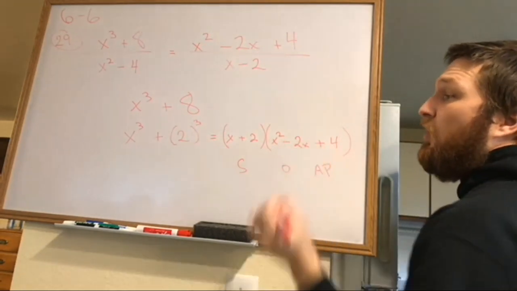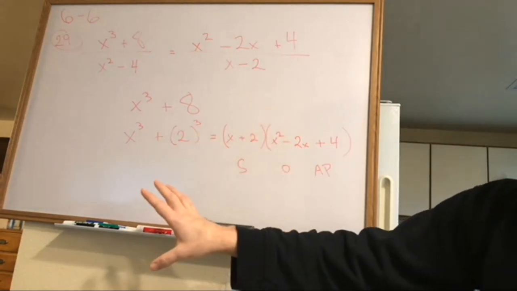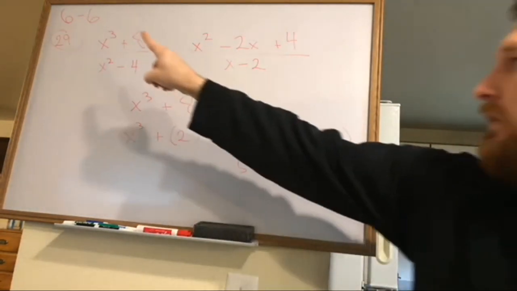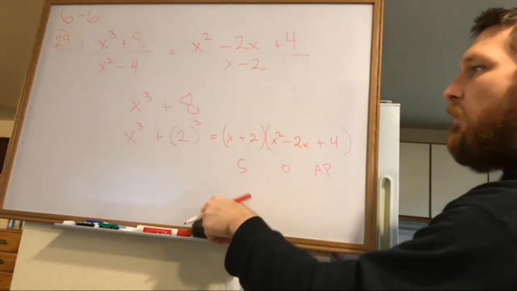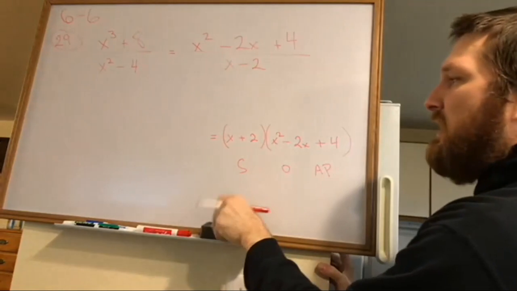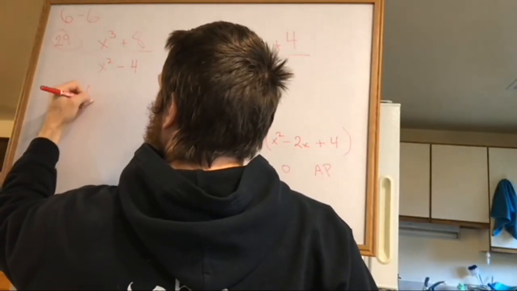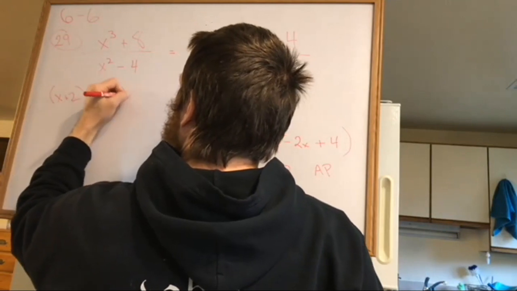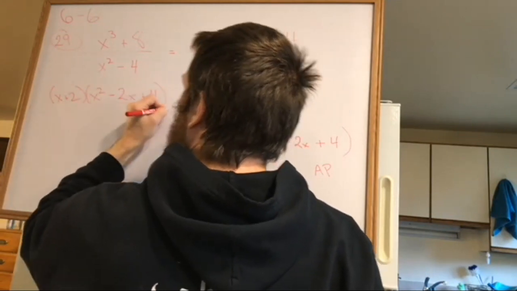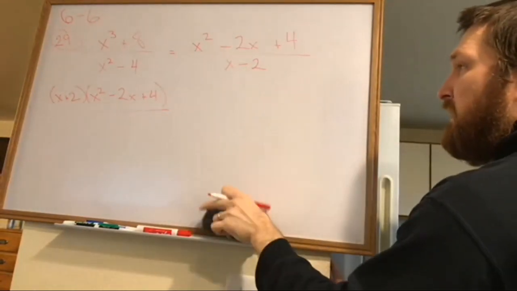Always positive is always positive. So right away, if we were so inclined, we could say that top thing breaks down this way: x plus 2 times x squared minus 2x plus 4, all over, and we'll go ahead and finish that up in a second.